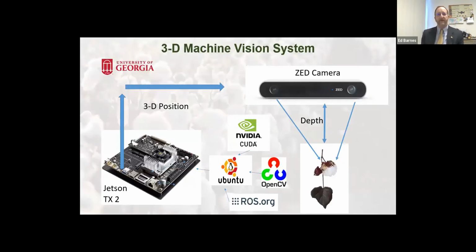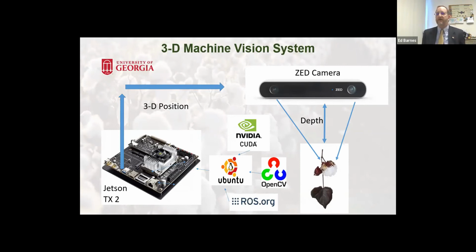Why am I excited about some of this? There's some near-term applications, and the hardware cost of this is not extreme. I'm going to show later a platform from the University of Georgia that has developed an autonomous system to remove cotton bolls. And this is the hardware they used. And what's exciting about it is they use ROS, which is a robotic operating system. It's an open source system.